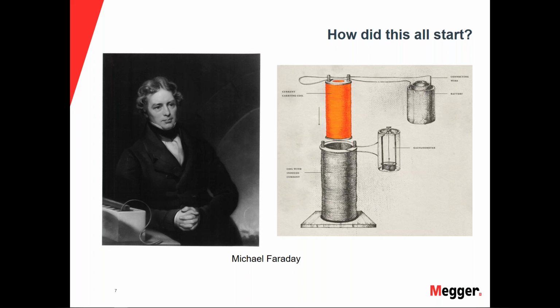In 1821, the motion he created was by this diagram here, with coils wrapped around some iron, moving the coil back and forth to see this galvanometer move in both directions. Ten years later, he was able to convert magnetic force into electrical force, inventing the first electrical generator.